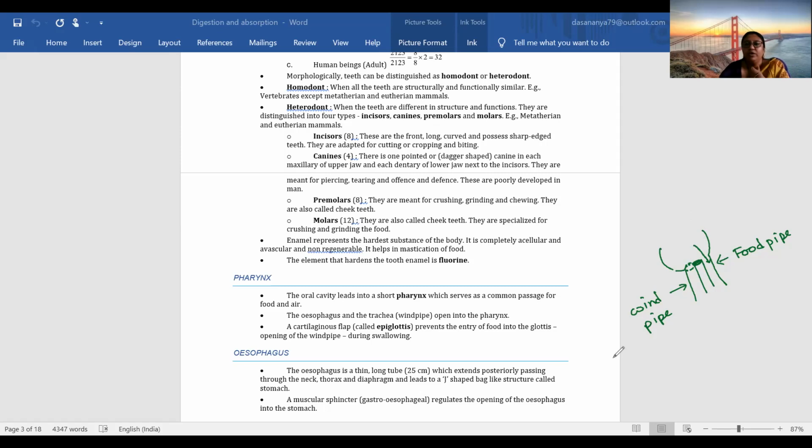But when I am swallowing, immediately at that time, there is a coordination by which the cartilaginous flap called epiglottis is stopping the entry to the windpipe. Only at the time of swallowing. That is why while eating food, especially when you are swallowing, you should not talk much. People can die if it is a wrong process.